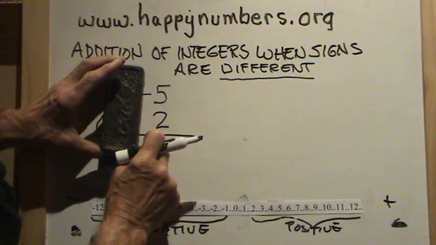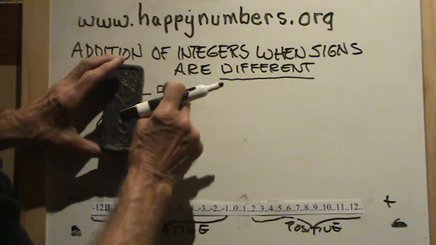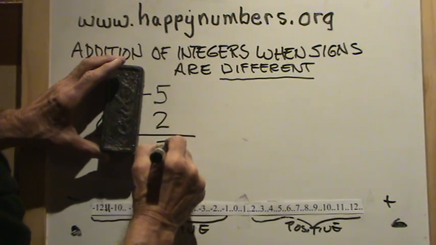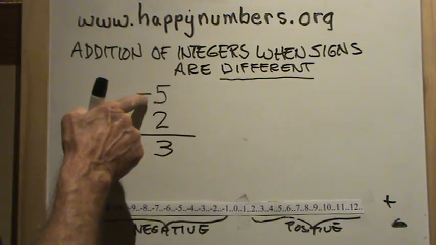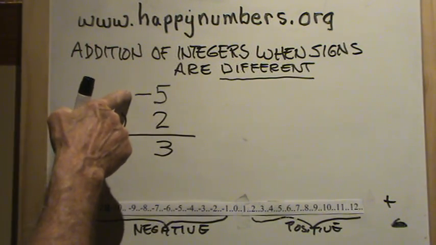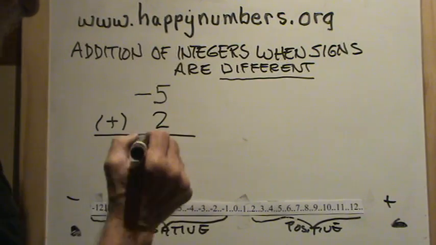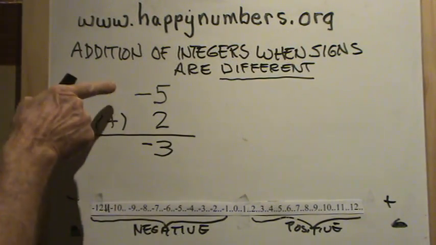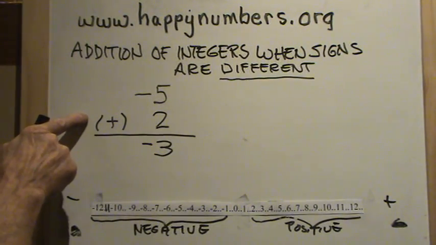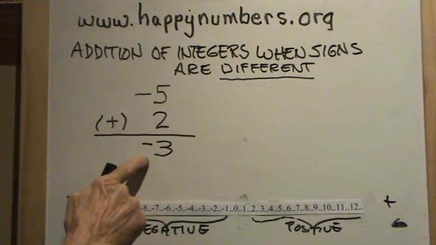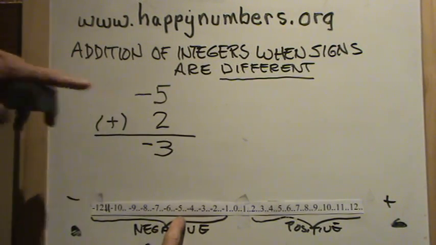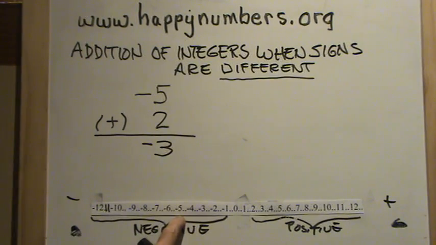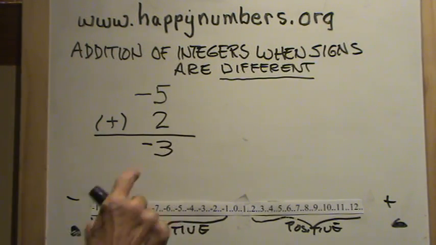So 5 take away 2. We have 5 and we're taking 2 away. That gives us 3. And then we use the sign of the larger number, and the sign of the larger number here is negative. So this is negative 3. So a negative 5 plus a positive 2 gives me negative 3. And if we look at our number line, here is a negative 5, and if we move in a positive direction 2 places, 1, 2, we get to negative 3.